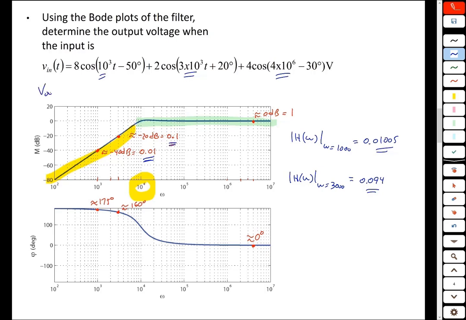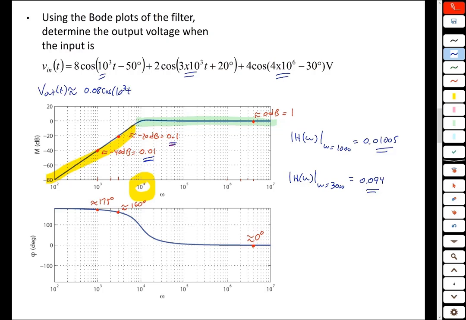So V out of t is approximately equal to, and once again, it's only an approximation because we're using the Bode estimates now, the 1,000 radian per second term is going to be multiplied by 0.01, so we're going to get 0.08 cosine 10 to the 3t.